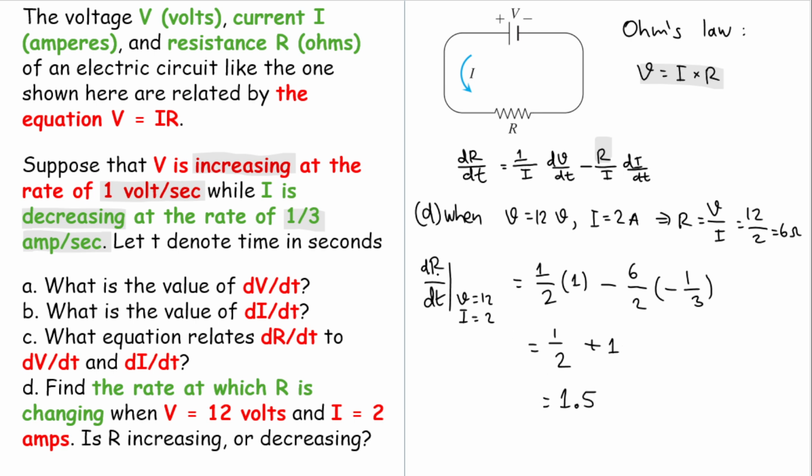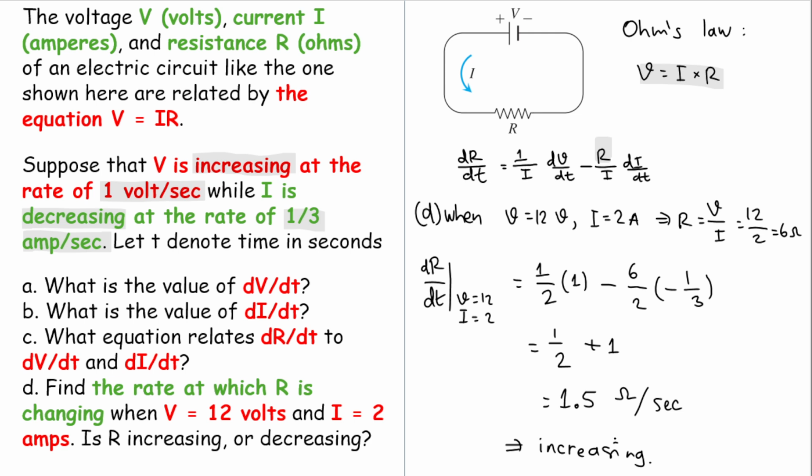The unit of the resistance is ohm and the unit of time is second, so I have 1.5 ohm per second. And because the sign is positive, it is increasing. I think that's all for this problem.